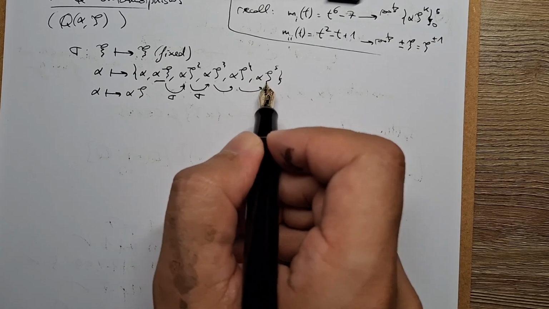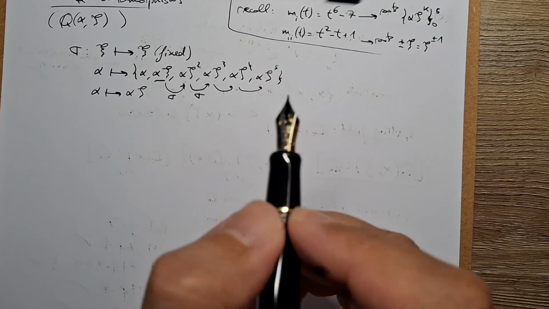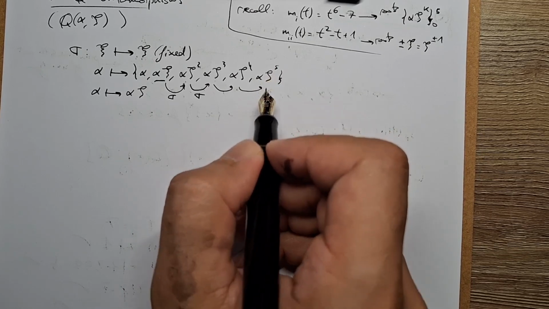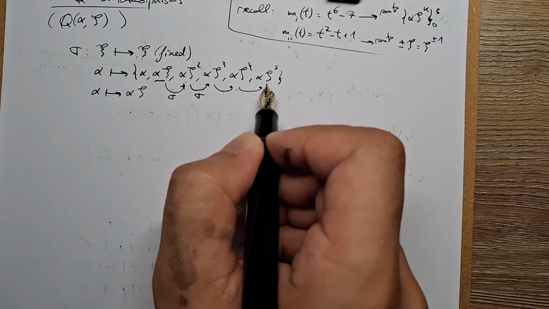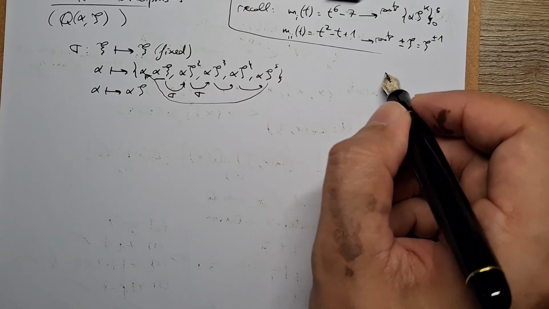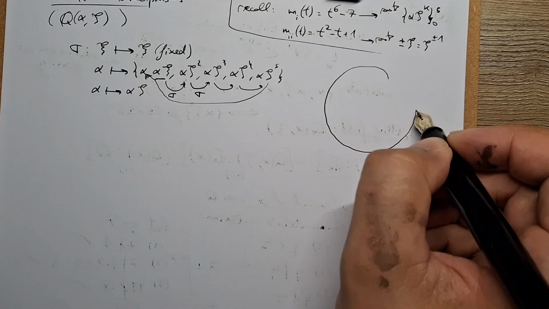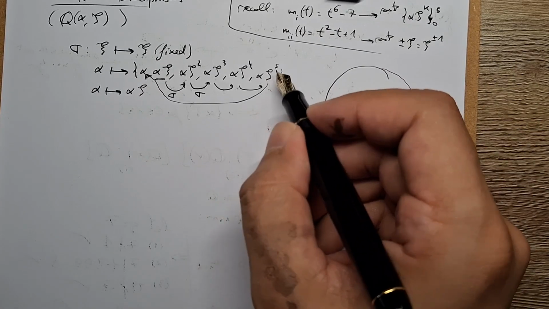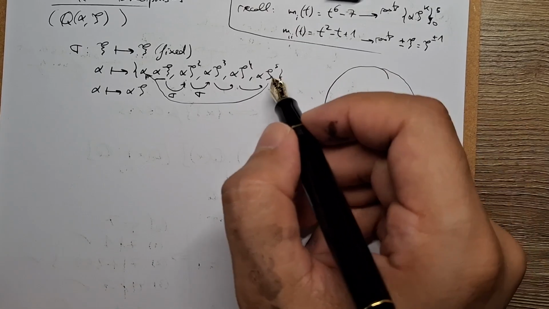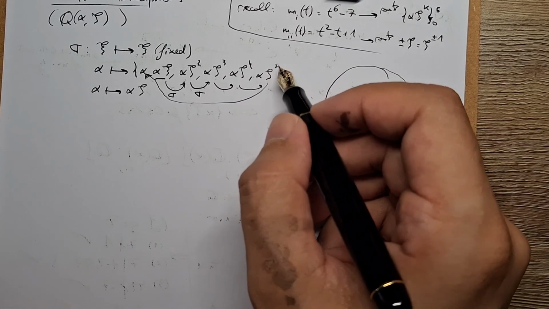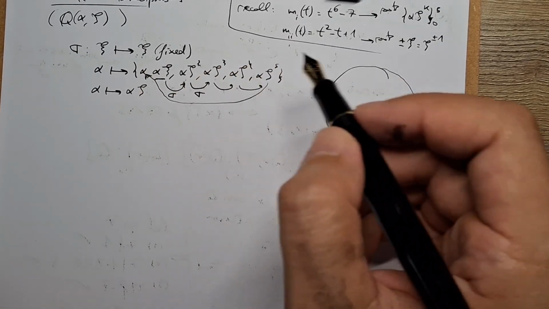Once you reach alpha theta to the power of 5, you apply sigma, and then you will get alpha theta to the power of 6, which is the same as going back to alpha. Why? Because by theory we know that since theta is a sixth root of unity, when we reach the sixth one, theta to the power of 6, we will go back to 1.